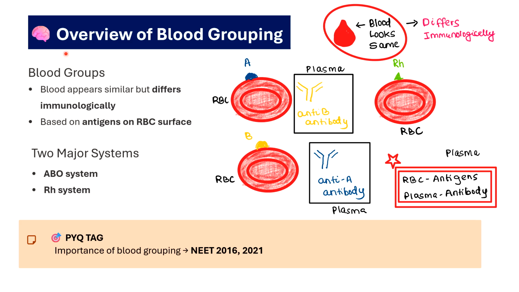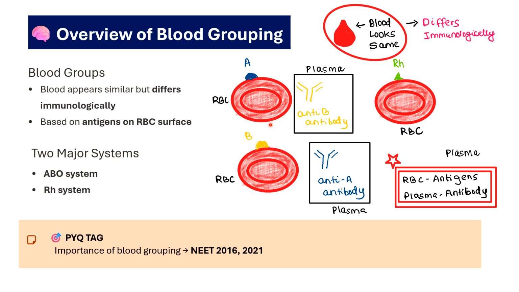Let us first start with the overview of blood grouping. So here the PYQ tag is: what is the importance of blood grouping? Okay, so let's know more about it. The blood might appear similar in different individuals, but it differs immunologically. What do I mean by that? That means that on the surface of the RBC present in the blood of different individuals, there can be different antigens.